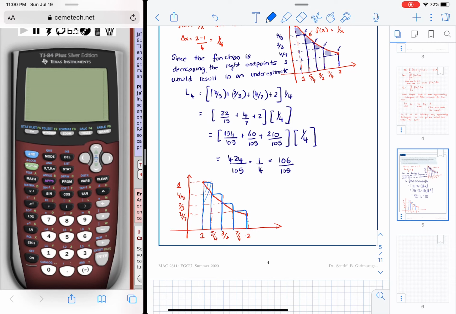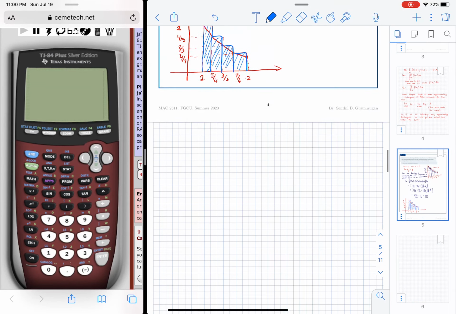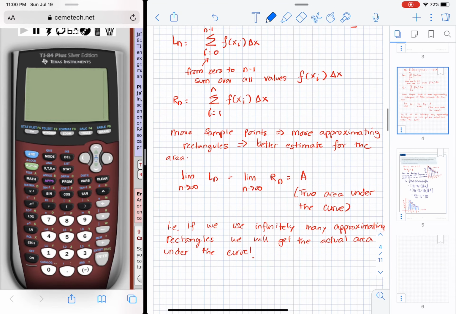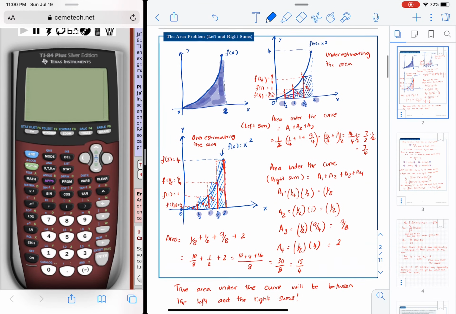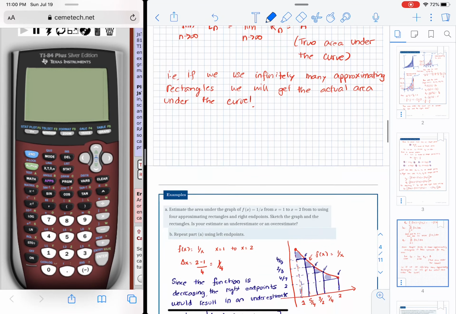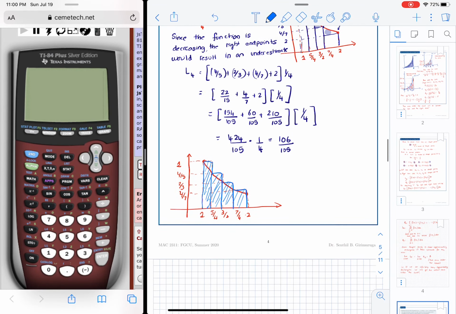And you can see we are going to overestimate the area because the rectangles exceed the curve, and it is in direct contrast to what we did here, because the function is increasing in that example and it is decreasing in this example.